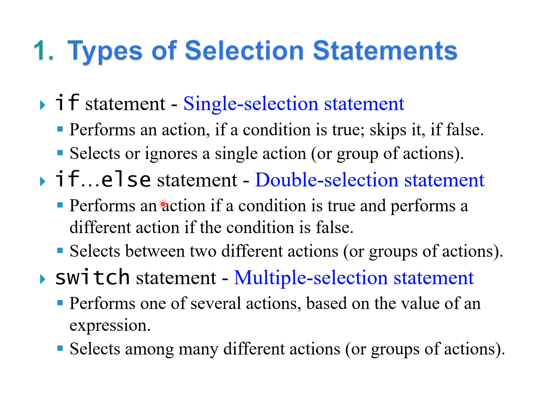The second type of selection statement is the if-else statement, which is also known as the double selection statement. The if-else statement performs an action if a condition is true and performs a different action if the condition is false. So it selects between 2 different actions or groups of actions.